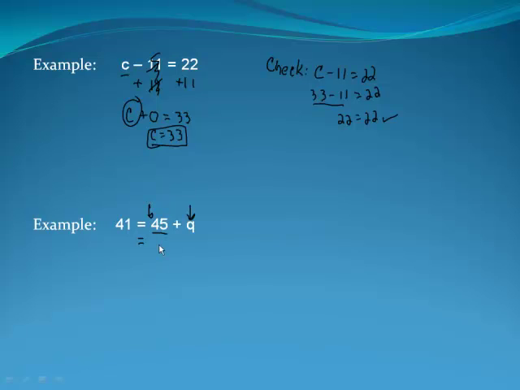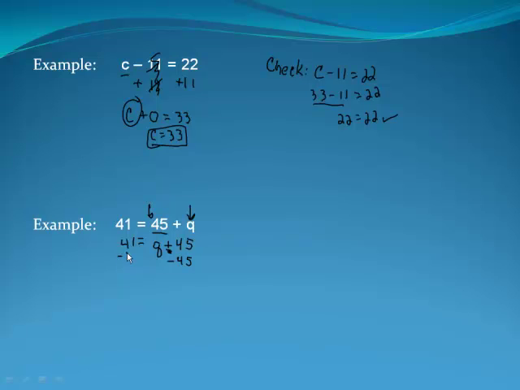If it bothers you that there's no operation in front of the 45, recognize that by the commutative property of addition, 45 plus q could be rewritten, if you want to, as q plus 45. Now that's not necessary, you don't have to do that, but if that makes more sense to you, you certainly can. Now you've got an operation to look at over here.